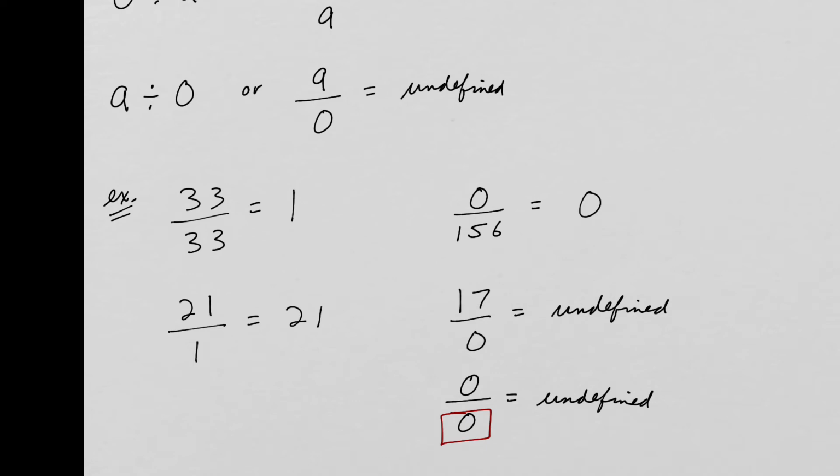Okay, what I want to do next is review the algorithm for performing long division. Let's say that I want to divide 1355 divided by 5.